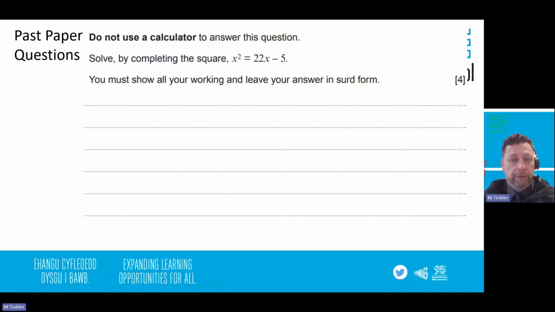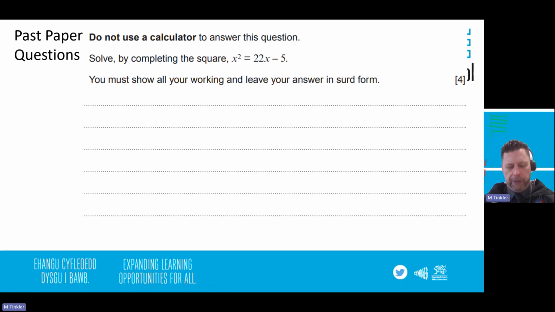They don't say equals 0, but you've got to take everything to one side. So what do I mean by that? The first thing you're going to do is write down x squared minus 22x plus 5. Okay, by completing the square. You just drag it all to the one side. So that's the first thing I'm going to tell you to do for 2 marks. Go and complete the square on this one.